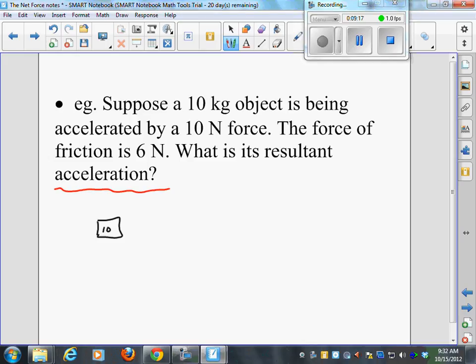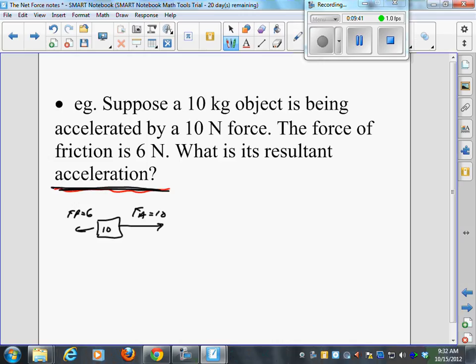It weighs 10 kilos. It's being accelerated by a 10 newton force. Applied force is 10 newtons. Force of friction is 6. What is the resultant acceleration? Troy. I think you're right, yeah. But the number's not really too important. It's how we get there, right?